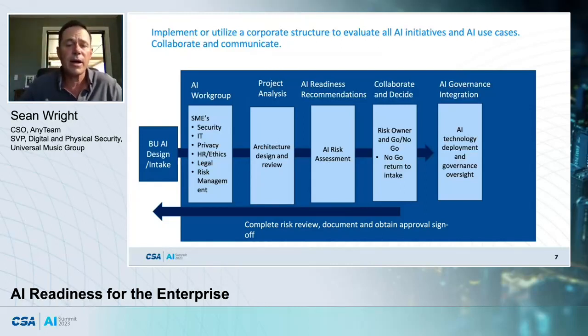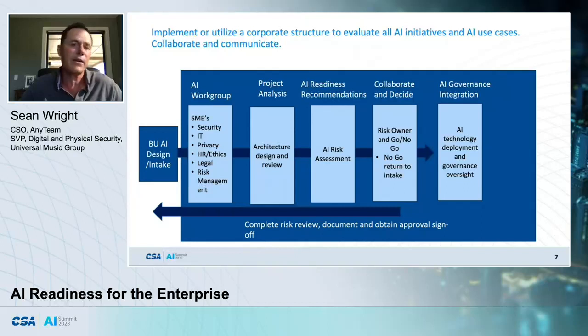Have a project analysis as part of the AI design intake process. So this would require the group, as a collective effort, to understand the architecture and design and review the various elements that would be specific to their area of expertise. What comes out of that is some AI readiness recommendations.